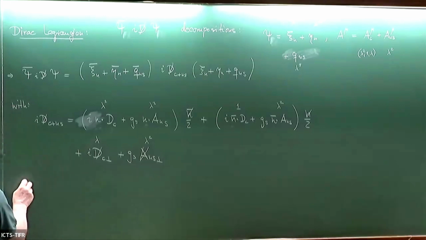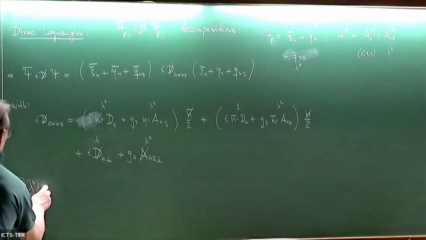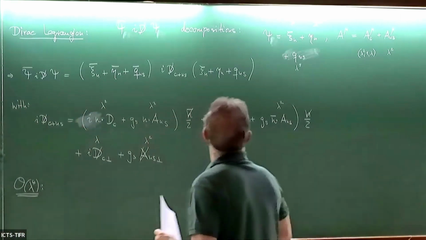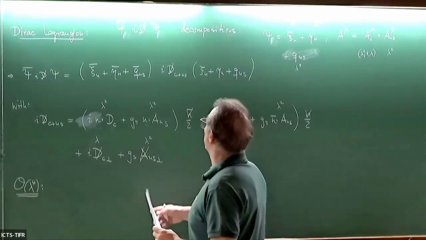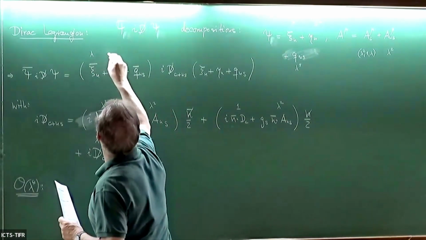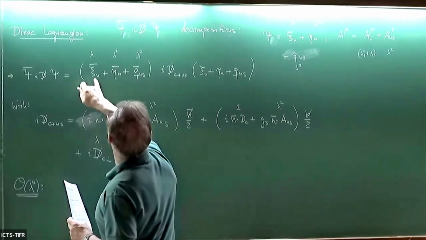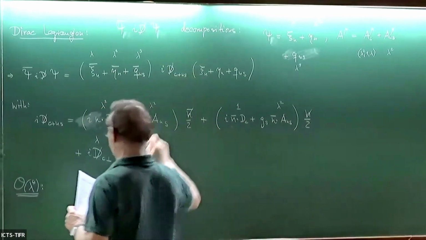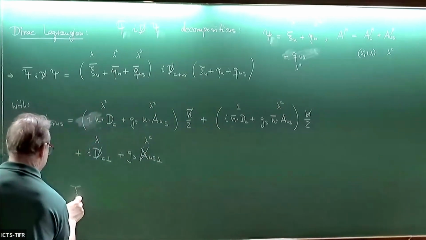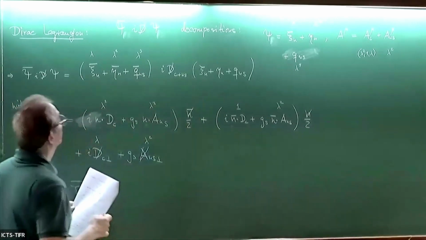Now, you find that the leading terms are order lambda to the 4. If you start with the biggest, so here we have lambda, lambda squared, lambda cubed, if we start with the biggest spinor components, xi bar and xi, then we have lambda and lambda.